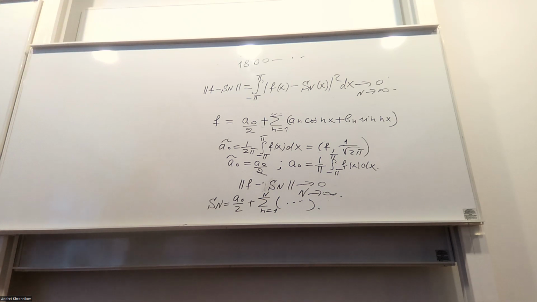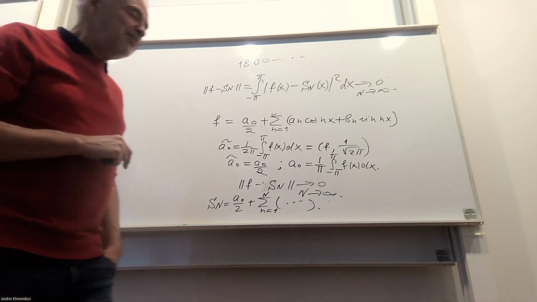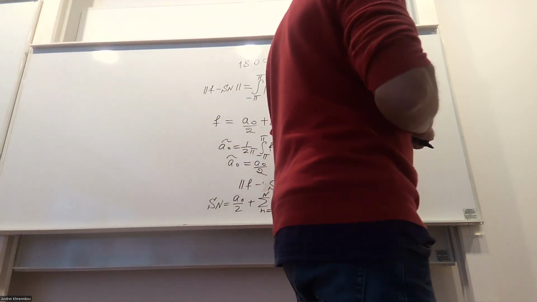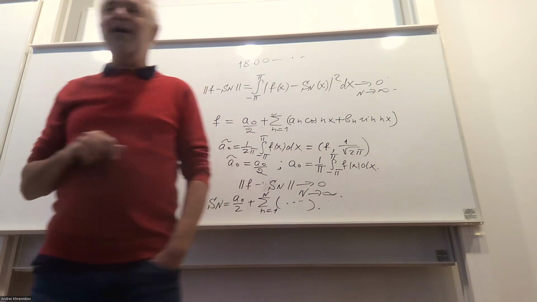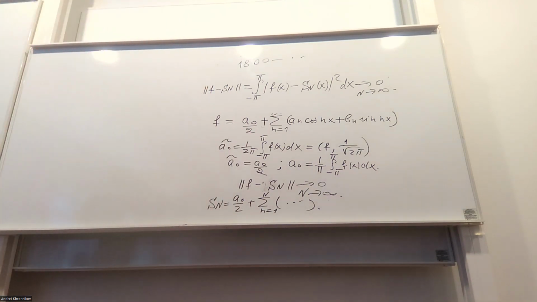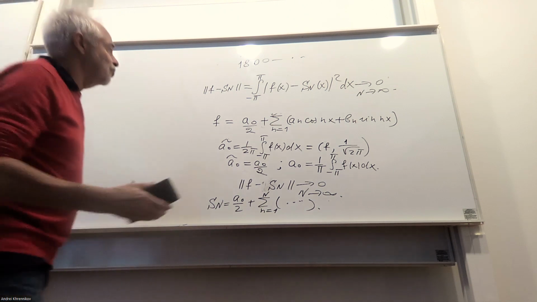Then he was so famous that Napoleon made him Minister of Finance of France. But he was so bad in finances that he was fired in maybe half a year. After this he was just a pure mathematician. He stopped his career.